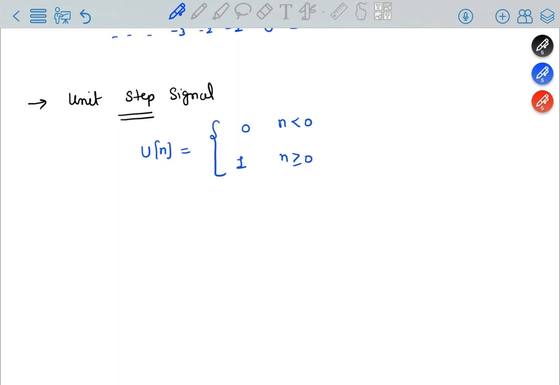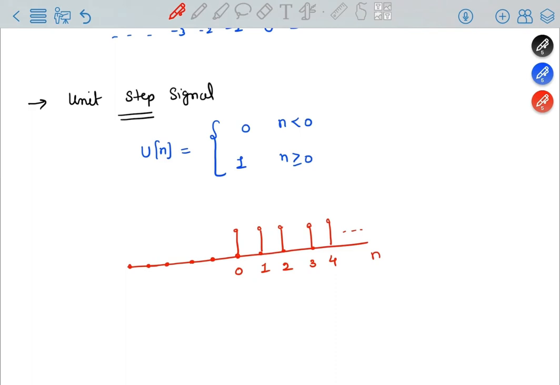I am pretty sure that you can visualize it quite easily. So this is your n axis, and this is the value n equal to 0, and all these values are greater than n equal to 0. This signal will take a value of 1 for all values greater than or equal to 0, and for n values which are less than 0, it will take 0.